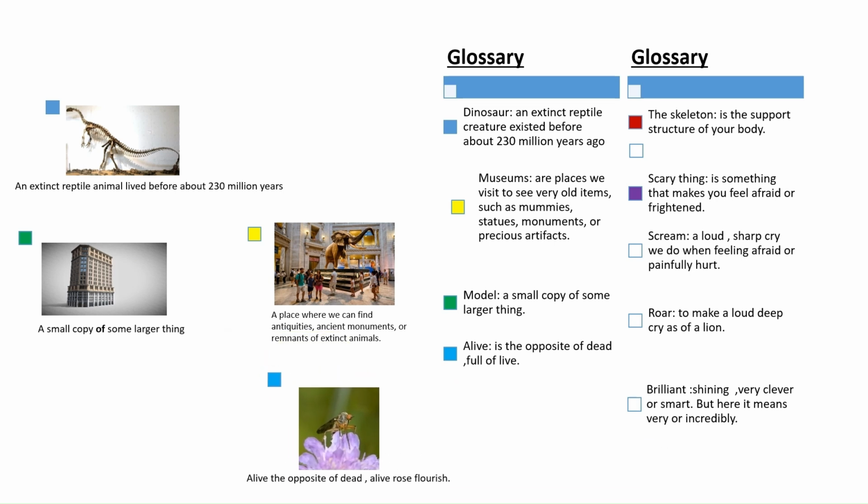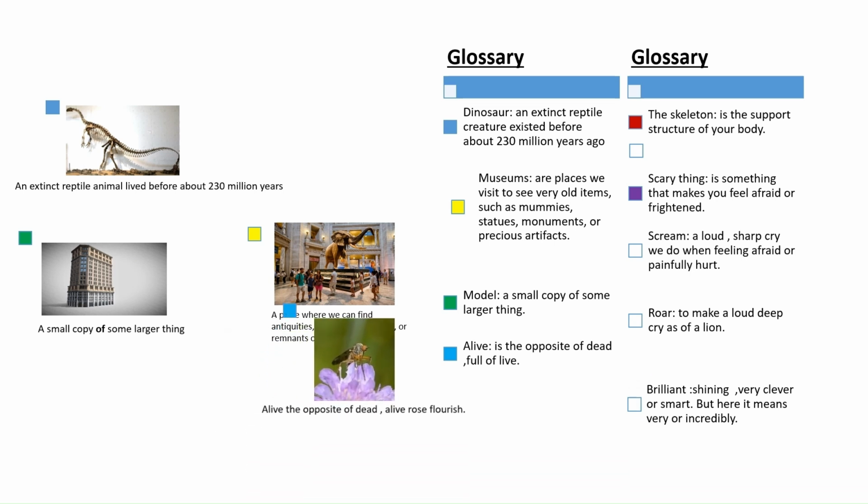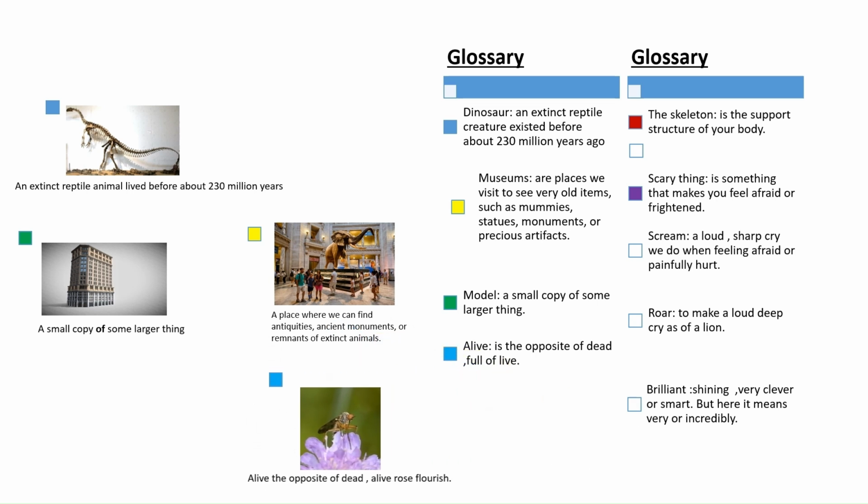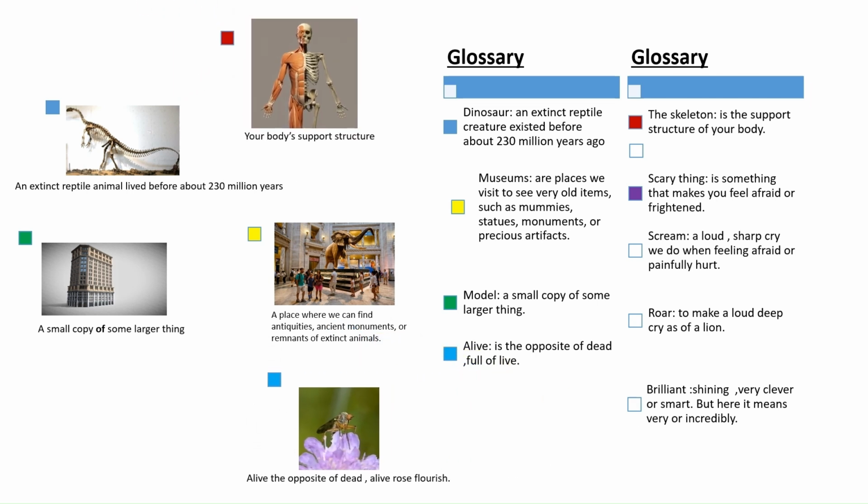It is the opposite of the word dead. The skeleton is the support structure of your body. A scary thing is something that makes you feel afraid or frightened. To roar is to make a loud, deep cry, as of a lion. The adjective brilliant means shining, very clever or smart, but here it means very or incredibly.